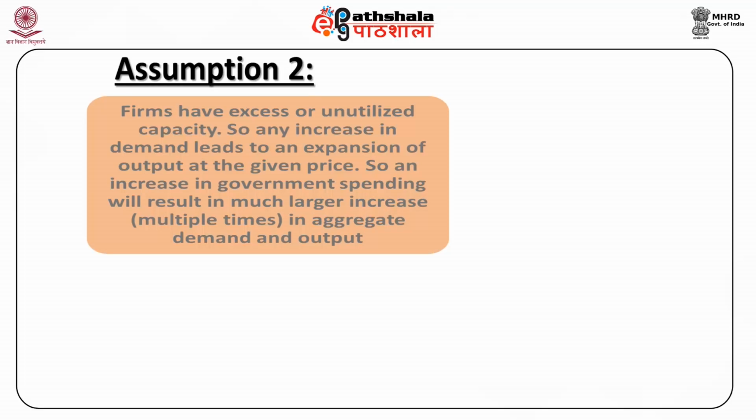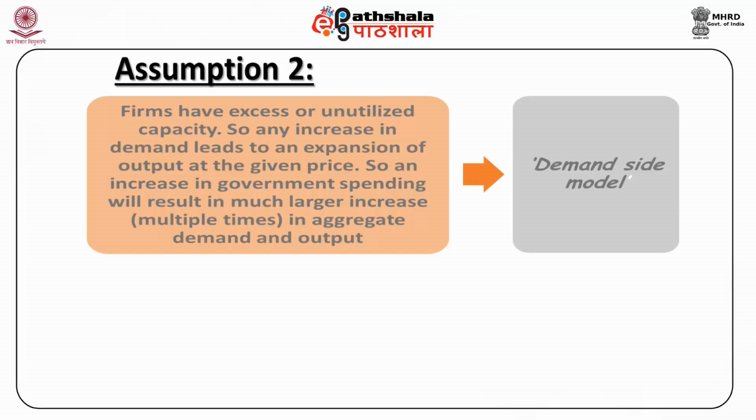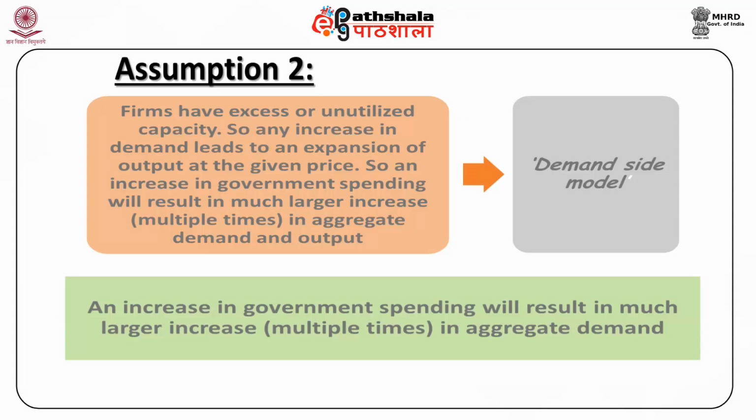So, an increase in government spending will result in a much larger increase, or multiple times, in aggregate demand and output. The second assumption makes this model essentially a demand-side model. One of the implications of the model is that an increase in government spending will result in a much larger increase, multiple times, in aggregate demand.